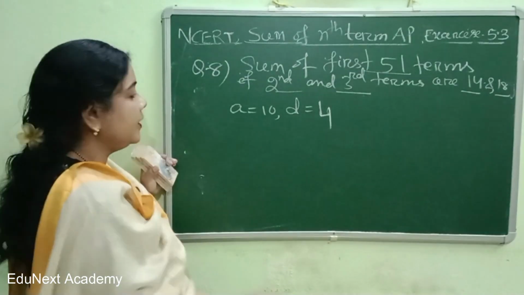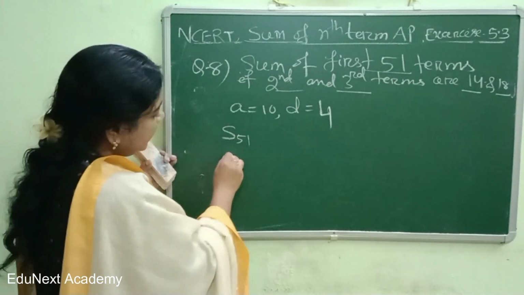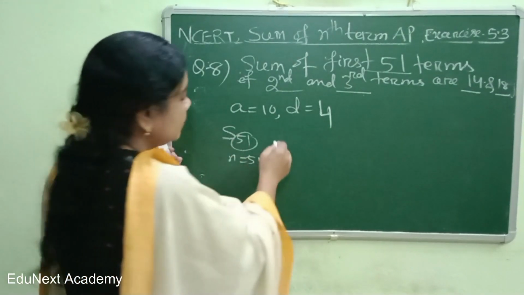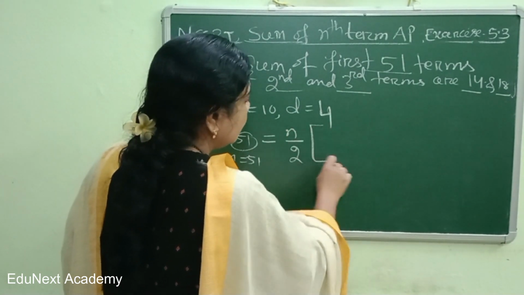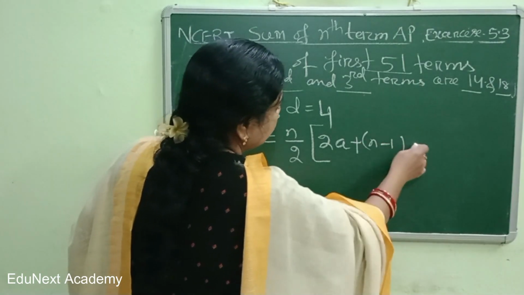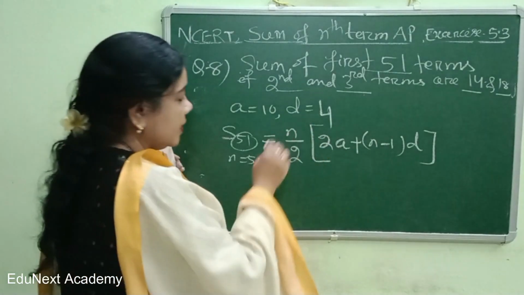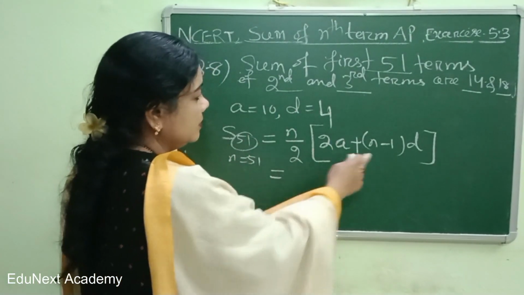And I have to find S51. So here n is equal to 51. What is the formula? The formula is n by 2 whole into 2a plus n minus 1 into d. Now a is equal to 10, d is equal to 4 and n is equal to 51.